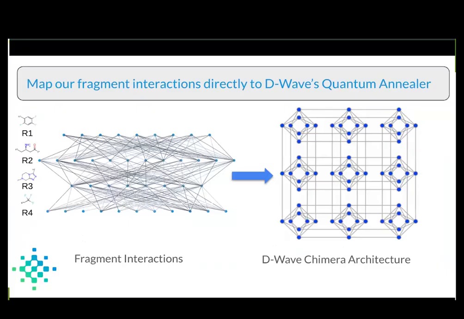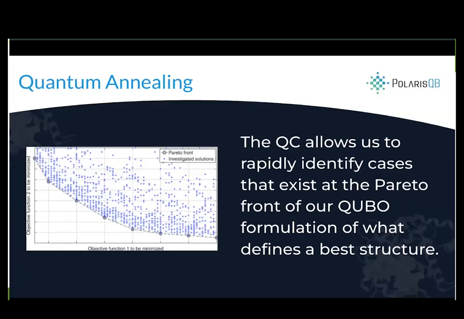Expressed in terms of graphs, the graph of optimal paths containing connectable fragments with good complementarity to the binding site is mapped on the QC, and the problem is solved as the system relaxes to the ground state. Since the system is described at the accuracy of a molecular mechanics force field throughout the process, we recover many structures at or near the Pareto front.